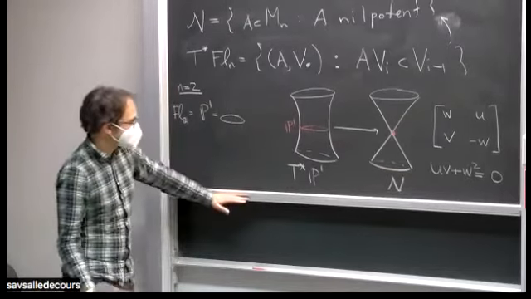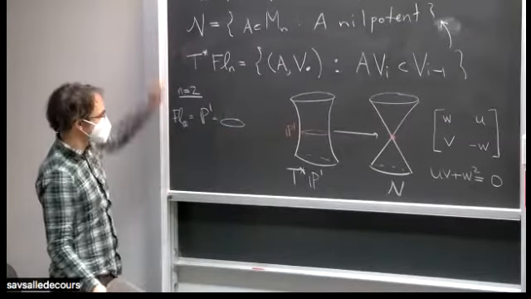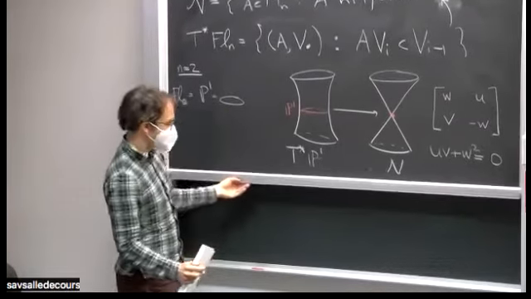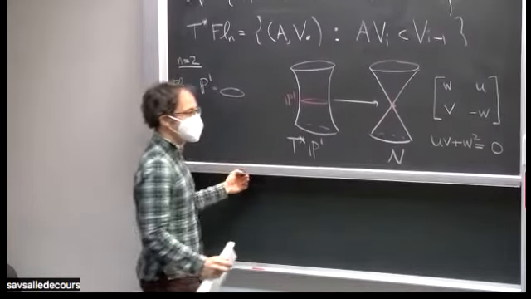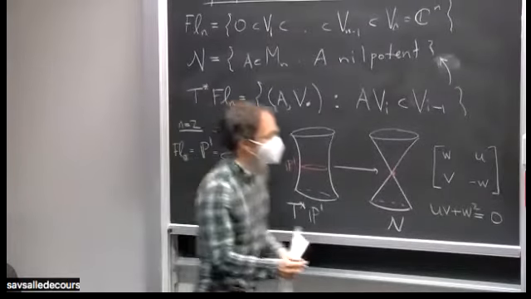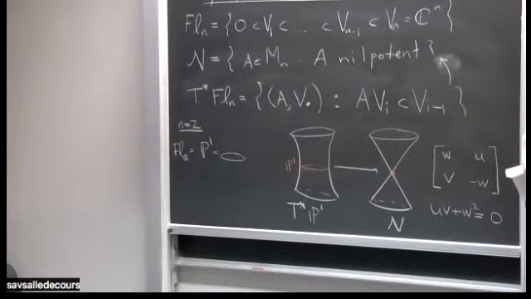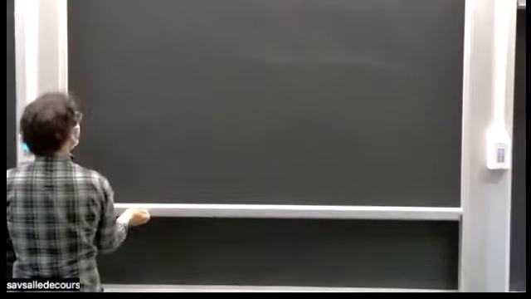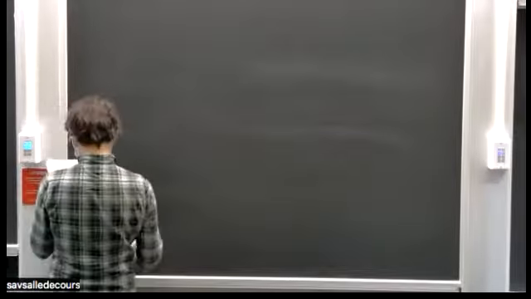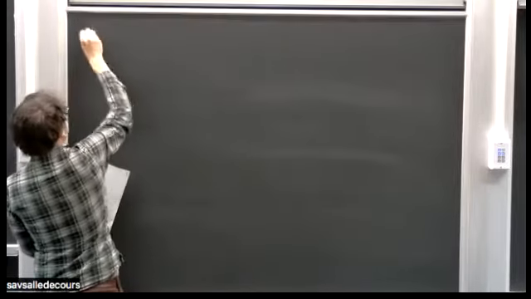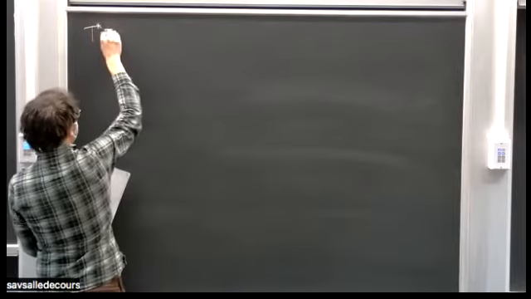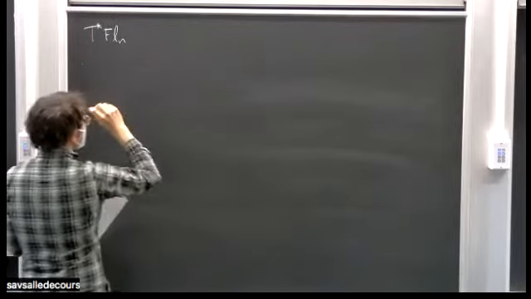Okay, so this is the picture when n is 2, and there's a more general situation. So what are the features that we see? Well, this cotangent bundle of the flag variety, like any cotangent bundle, carries a symplectic structure.